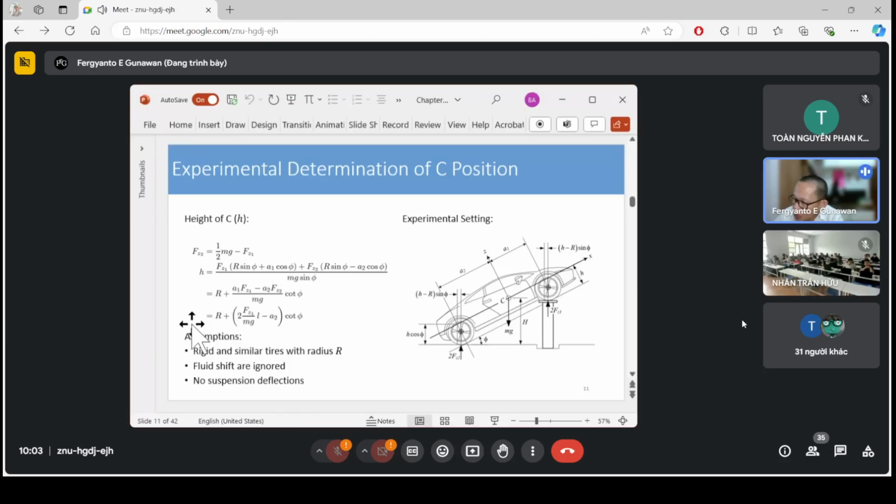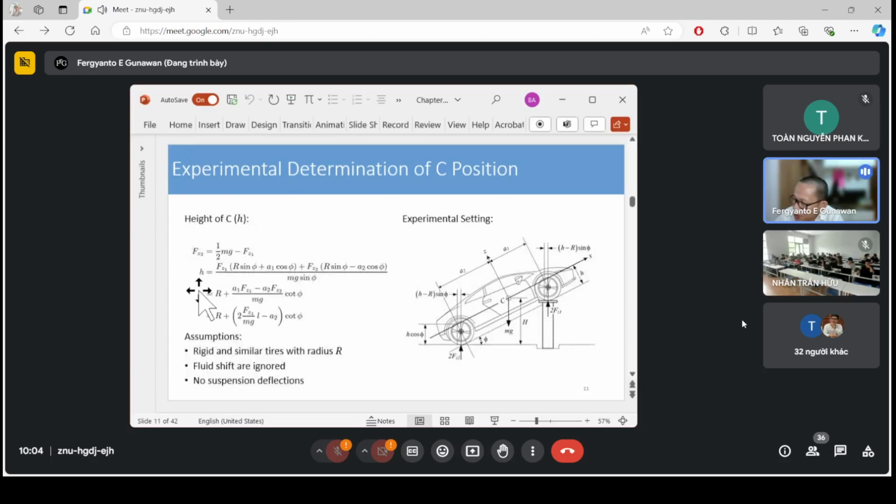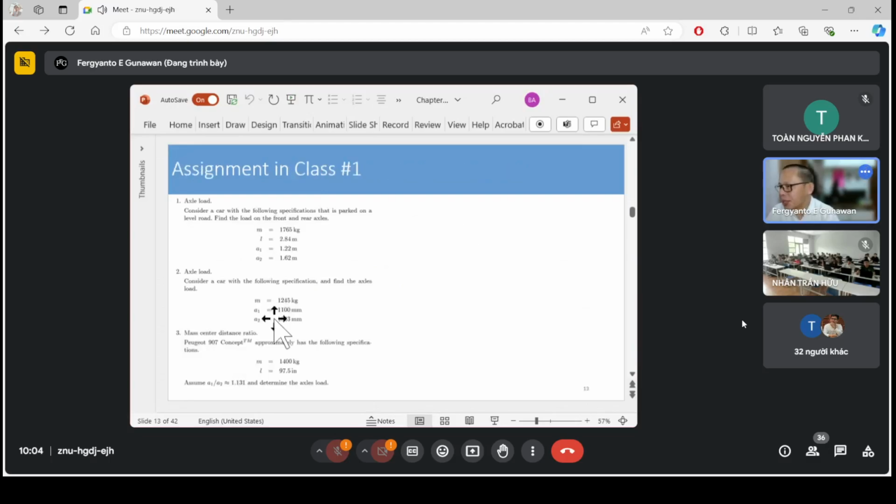So simply speaking, we can determine the x position of the center of gravity by these equations, and we obtain the z position of the center of gravity by this equation. That is the use of the equations.